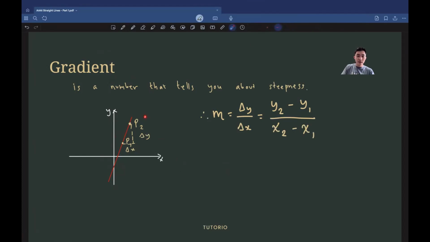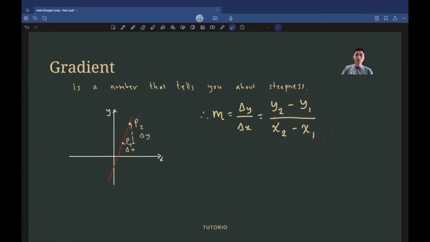So we need to get x2, y2, the coordinate of point 2, and we need to also have the coordinate of point 1. Then we can input the y numbers on the top, collect the difference, and also the x coordinate difference on the bottom. We need to be consistent. So we need to start with always point 2 first, subtracted by point 1, and then point 2 subtracted by point 1. If you start with point 1, then you need to be consistent down here, over here. But to be safe, always start with point 2 minus point 1.